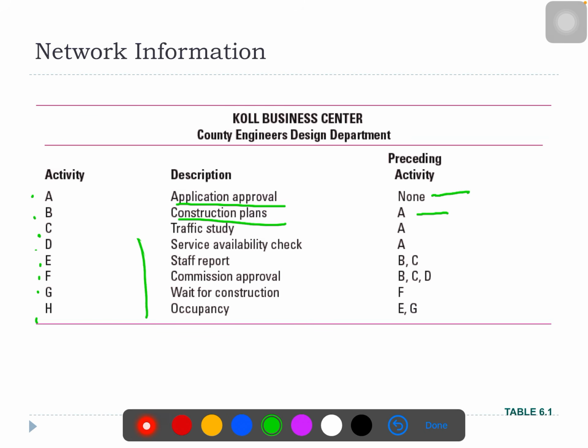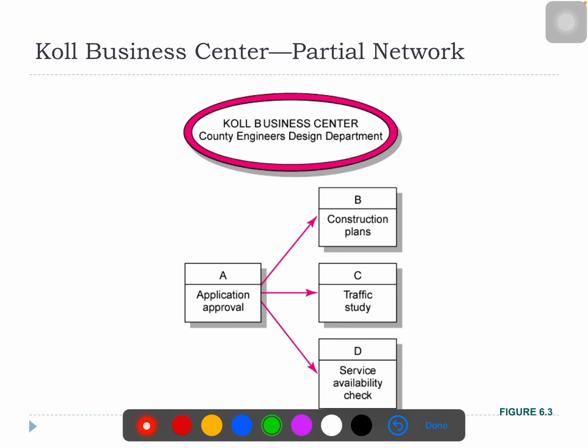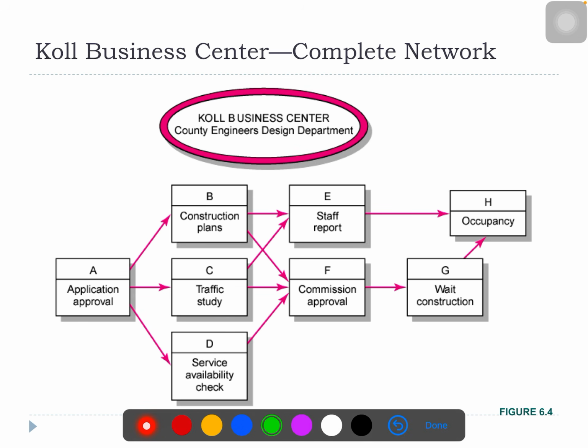For B it is A, for C it is A, and for D it is also A. The preceding activities for E are B and C, for F are B, C, D, for G is F, and for H are E and G. So this is how the network diagram of the activities defined previously should look.